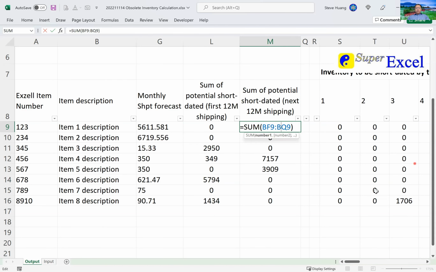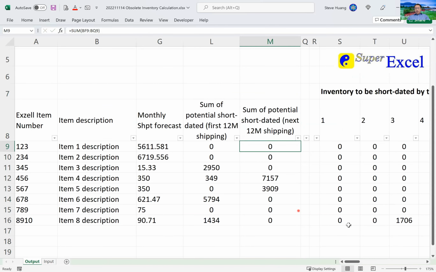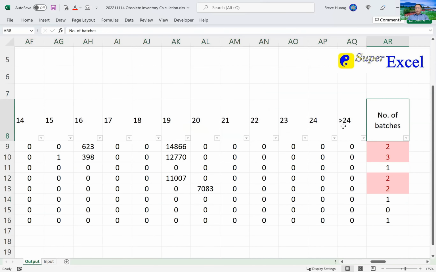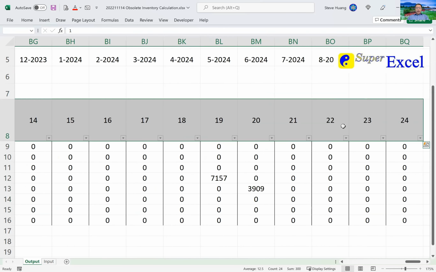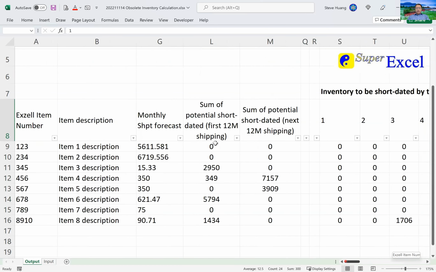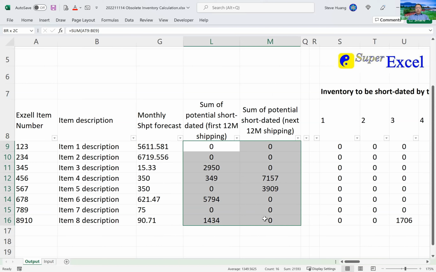So is it necessary to have those two blocks over 24 months to do this calculation? Can we get those two columns of results over here without doing the two blocks? Actually, it can be done without doing two blocks. So that's something I'm going to show you in the next video.